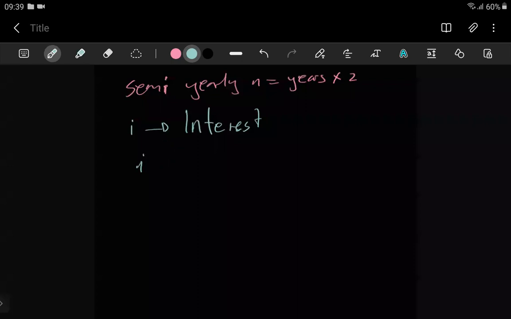let's say they gave you 5% compounded monthly. Your value of interest will always be divided by the number of times interest is added yearly.